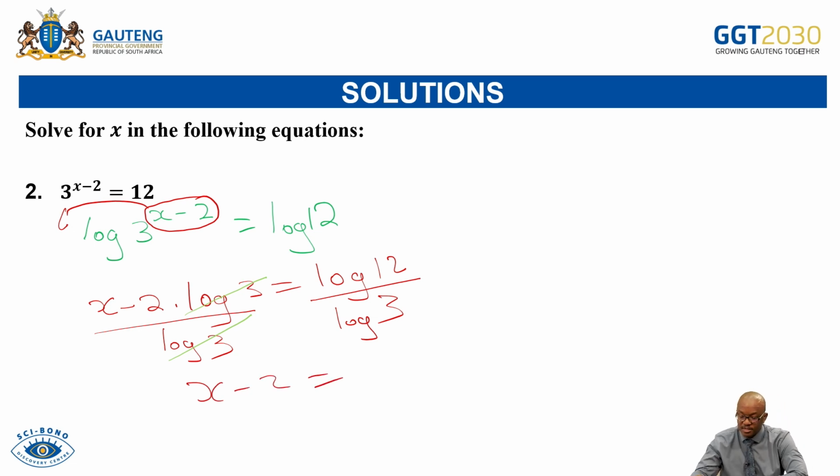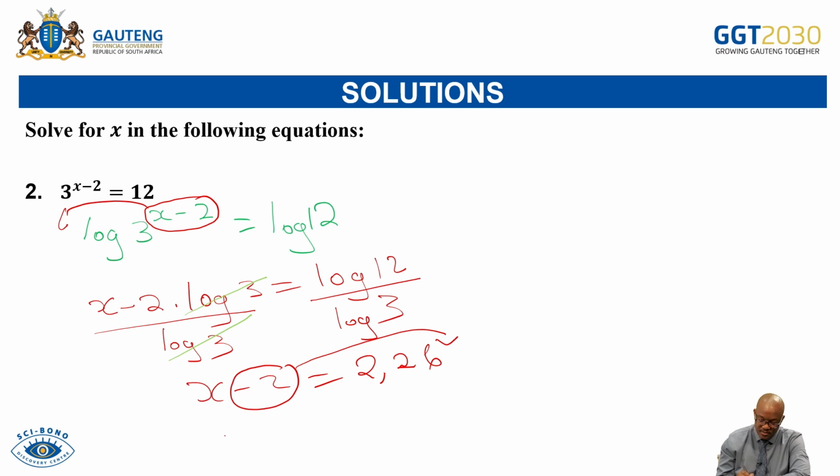the log of 12 all over the log of 3. You realize that you're going to have 2,26. Then we transpose the negative 2 to the other side, and x is equal to 4,26.